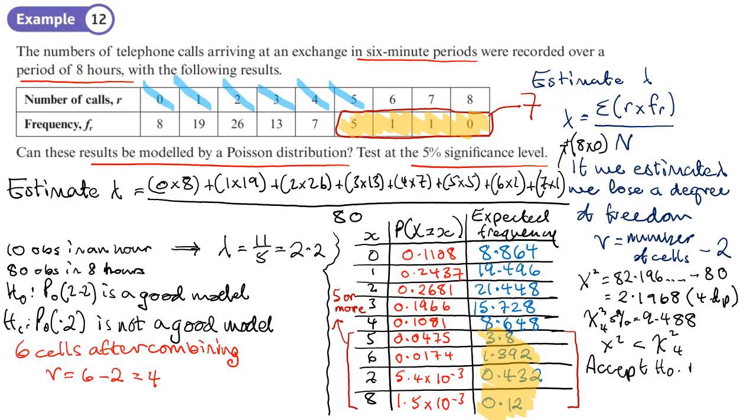And then we can say that this Poisson with a rate of 2.2 is a good model, or there's evidence to suggest that that is a good model.